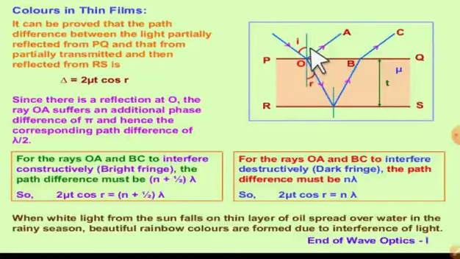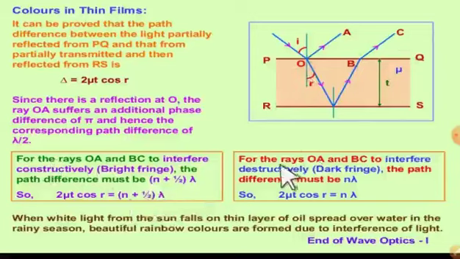So in terms of path difference, it will be lambda by 2. So the reflected and the refracted rays will have a path difference of (n plus 1 by 2) lambda, where n can be any value. But there will be an odd multiple of lambda by 2 here. Got it? So for the rays OA and BC, what happens?